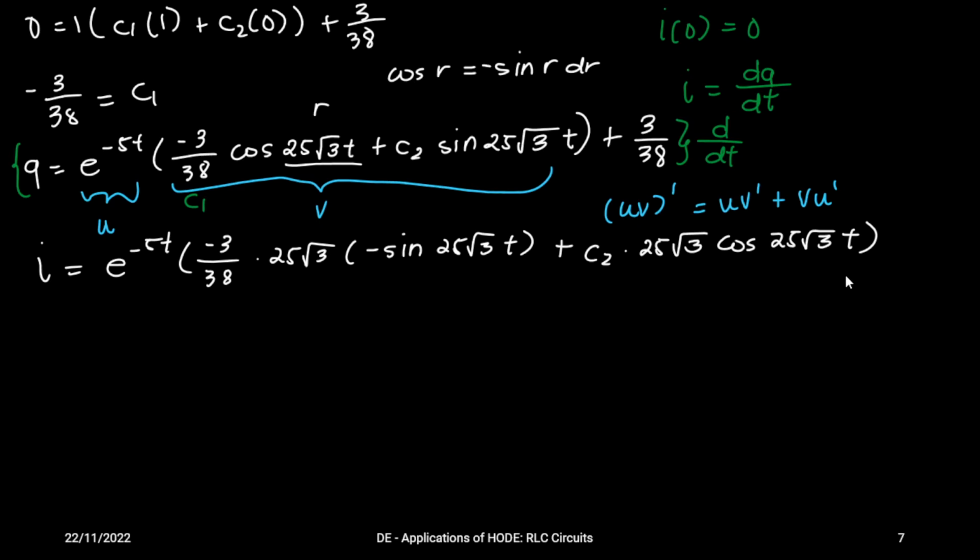Yung buong sinulat natin na yan. What is our VU prime? So we have plus. So what is our V? Ito, sulat nyo lang ulit tong buong to. So, we have negative 3 over 38 cosine 25 square root of 3t plus C2 sine 25 square root of 3t.